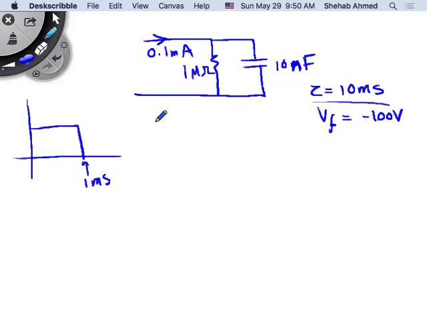The general format of the time domain equation is going to be K0, so V output of t. This is V output, right? It has nothing to do with op-amps. So the output voltage across this is equal to the current multiplied by the impedance of the circuit.